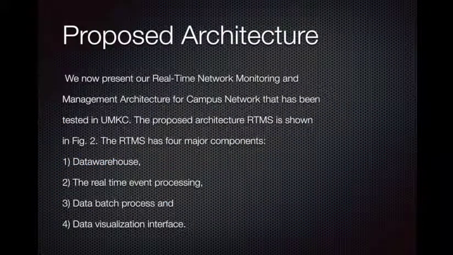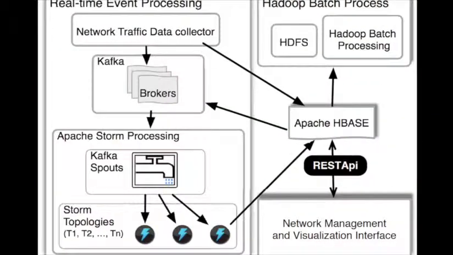Our proposed architecture consists of 4 major components: data warehouse, real-time event processing, data batch process, and data visualization interface. This architecture explains two aspects: the real-time processing and the batch processing.